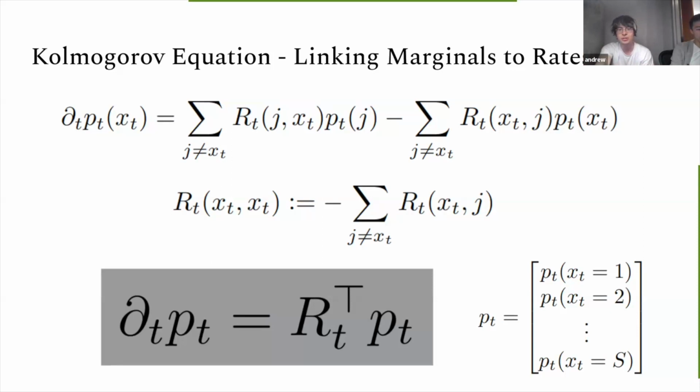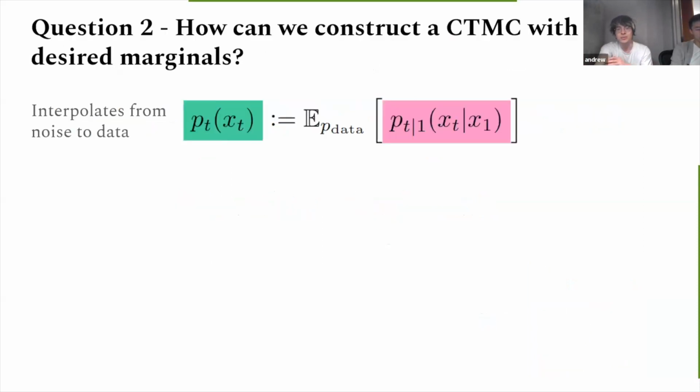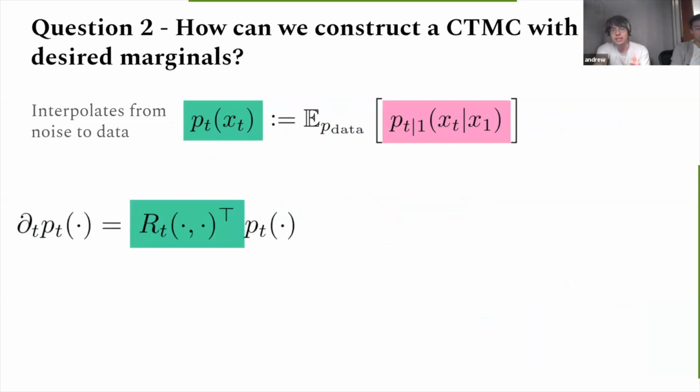Now the question is, we have a marginal distribution that we defined earlier as an expectation over some conditional distributions. What we want is the unconditional rate matrix in green that satisfies the Kolmogorov equation for that marginal distribution.